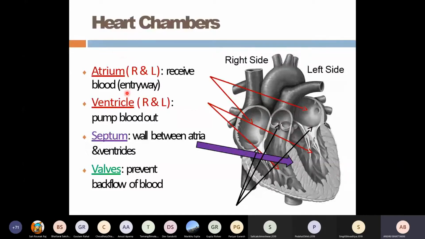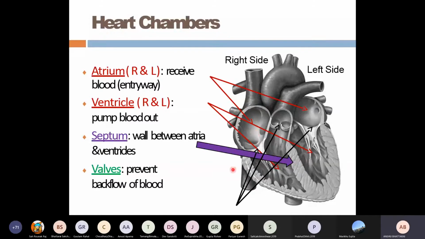Whereas the ventricles pump the blood out. These are the exit chambers, from where the blood exits. So these are the 4 chambers present in the heart. Looking over here, this is the right side of the heart, and this is the left side of the heart. Here you are able to see this is the right side of the heart and this is the right atrium.